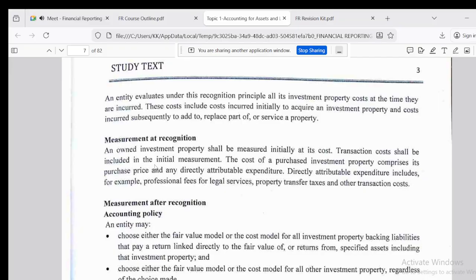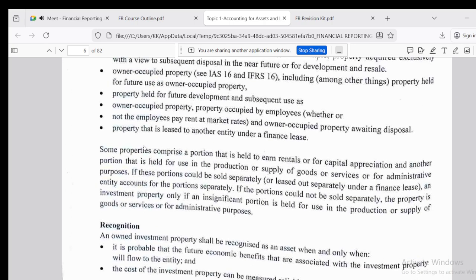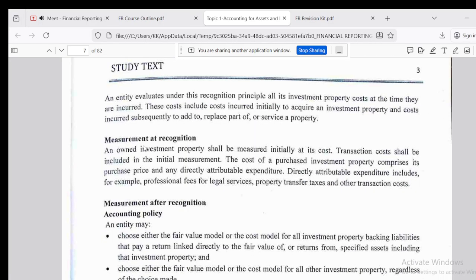We have captured recognition. So measurement at recognition: an owned investment property shall be measured initially at its cost.